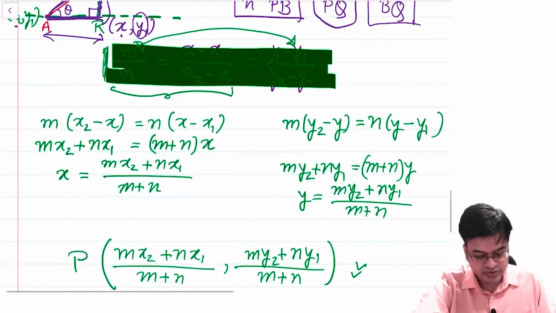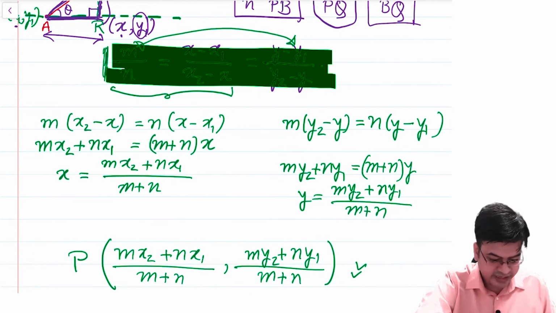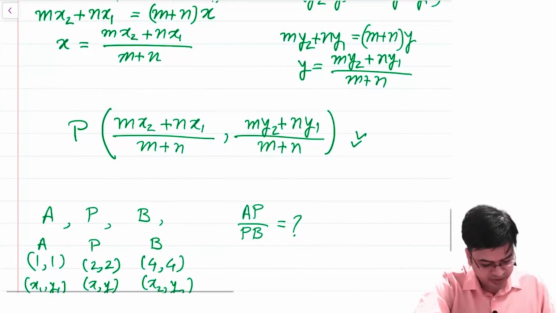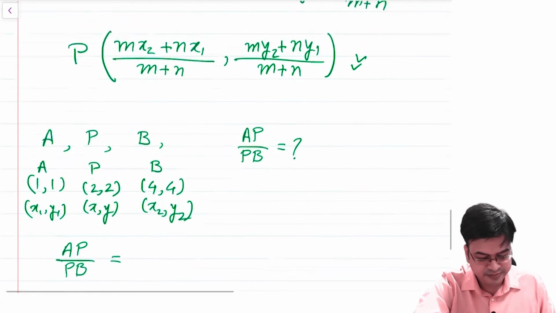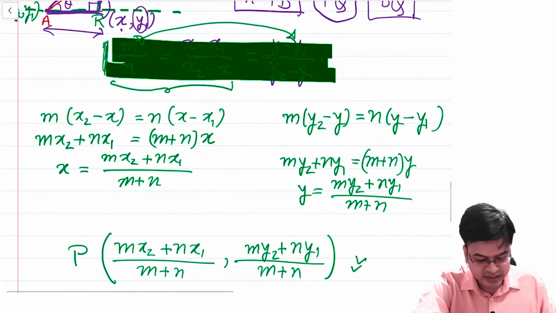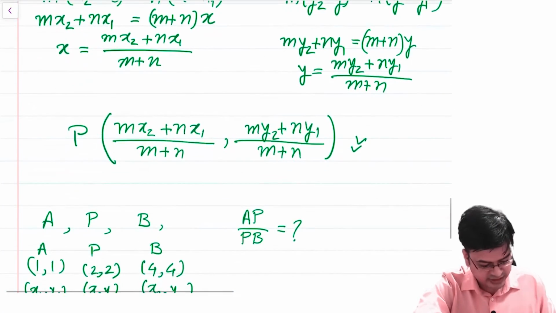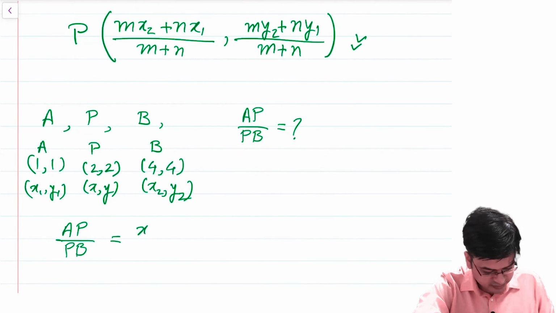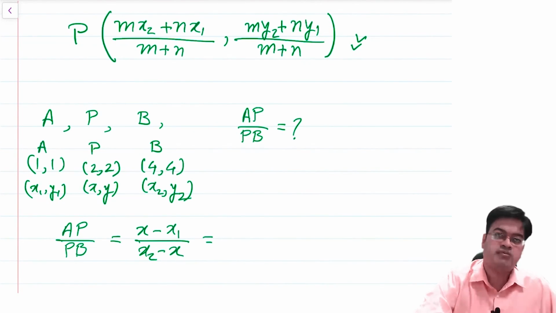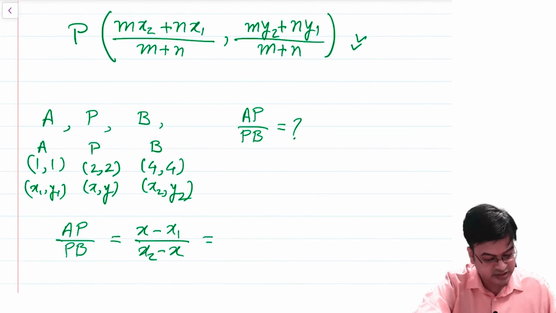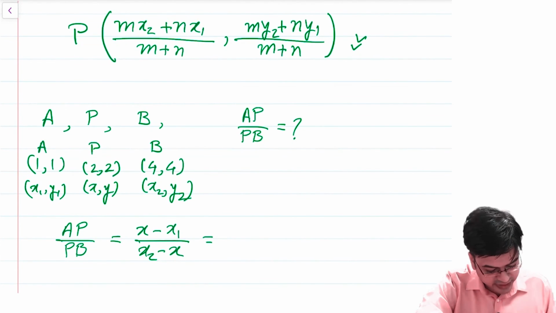So now you use this particular knowledge, that m by n, that is AP by PB, will be actually x minus x1 upon x2 minus x. It's this simple. So in this case you don't have to worry at all about the coordinates that are on the y-axis. So let us go ahead and solve this problem.